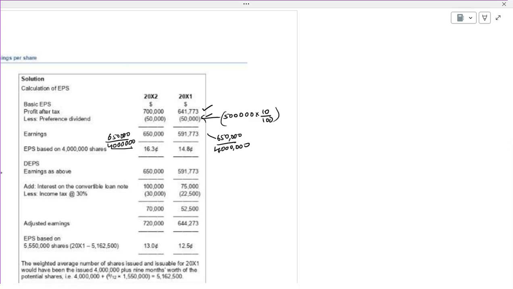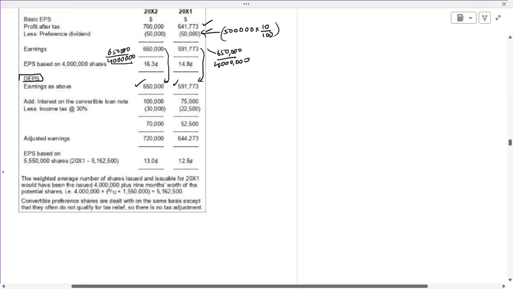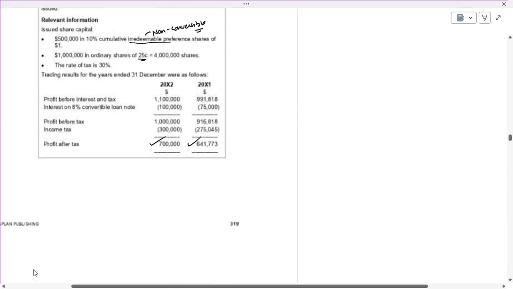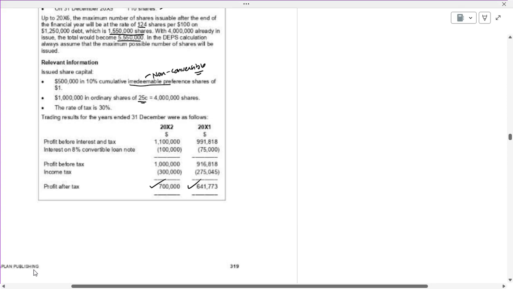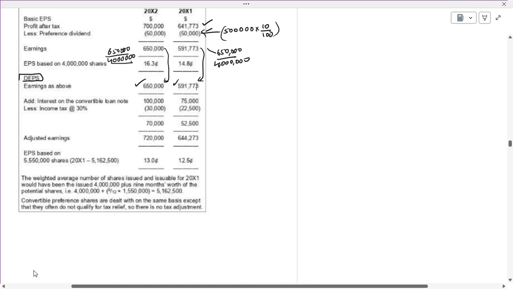Now, how are we going to calculate diluted earnings per share? You have the same profits. Earnings are 650, and we got it from here. We don't have any other item. We have to add interest. We have saved interest because we are converting the bonds. On that bond amount of 1250, calculate the interest.